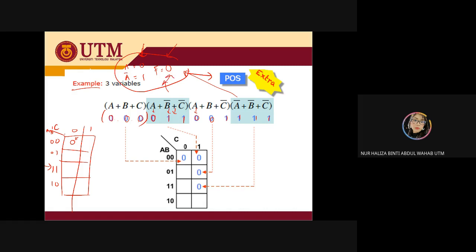I have repeated several times already. 0, 1, 1, it is 0 here because it is POS. 0, 0, 1, here will be 0. And 1, 1, 1, here will be 0. So you have this loop of 0s. The rest will be 1s for your K-map.